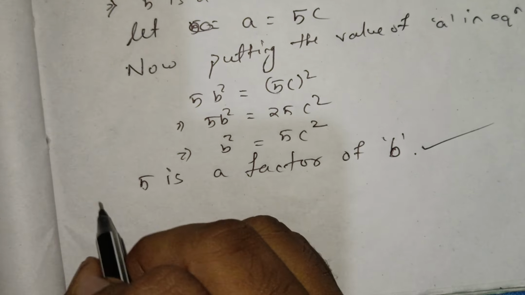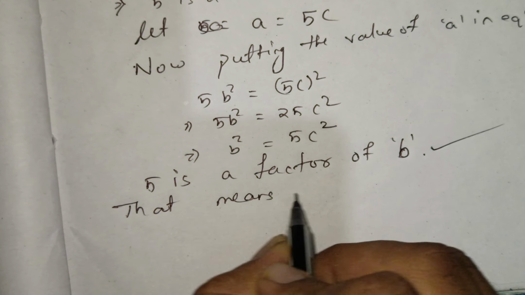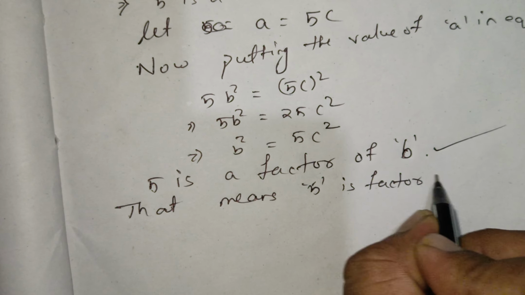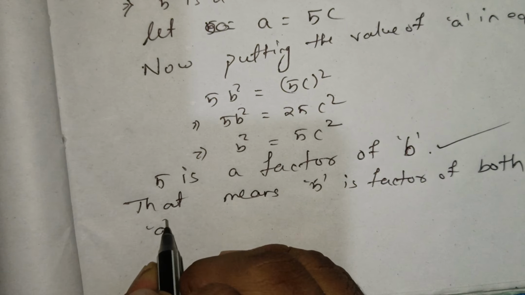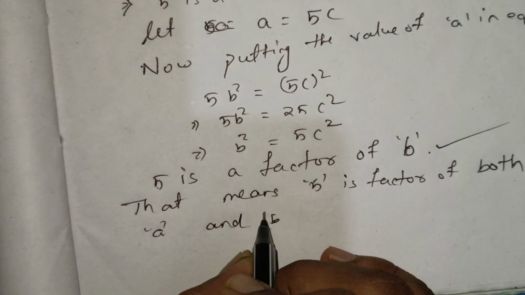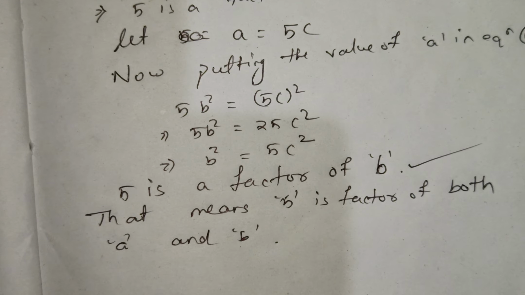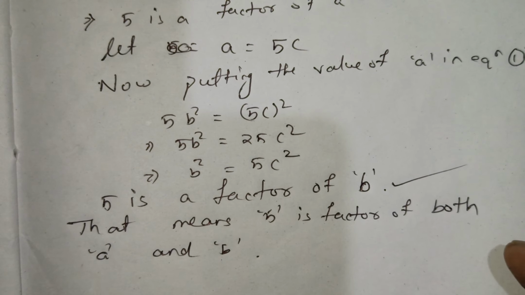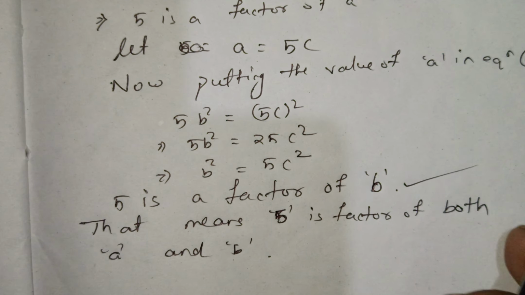From here we get two things: 5 is a factor of a and also 5 is a factor of b. That means 5 is a factor of both a and b. But remember, in the beginning we considered that a and b are co-prime numbers, but now we get 5 is a factor of both a and b. That means our assumption is wrong.